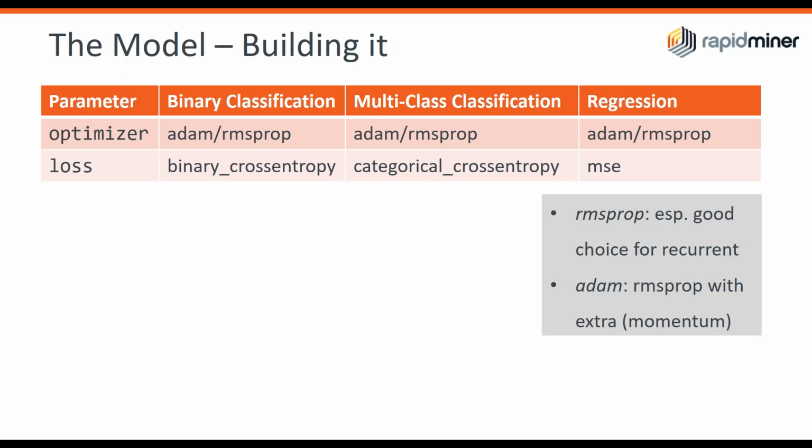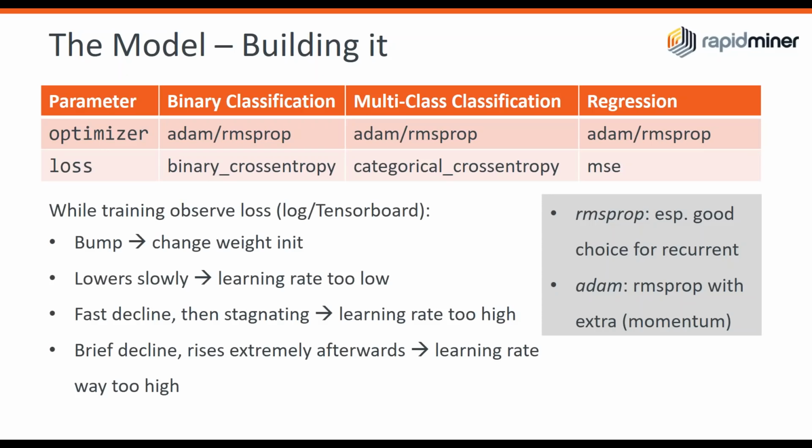And RMSprop is often used for recurrent layers in the network, and Adam is very similar but has some extra features.